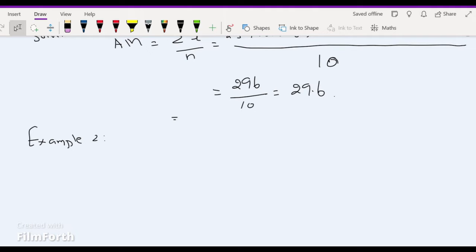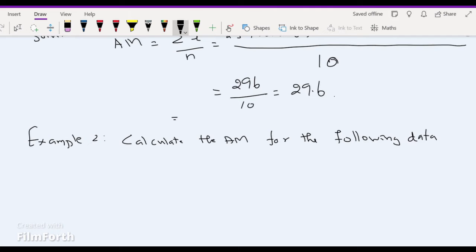Example 2, calculate the arithmetic mean for the following data. Data: age in years, number of workers.